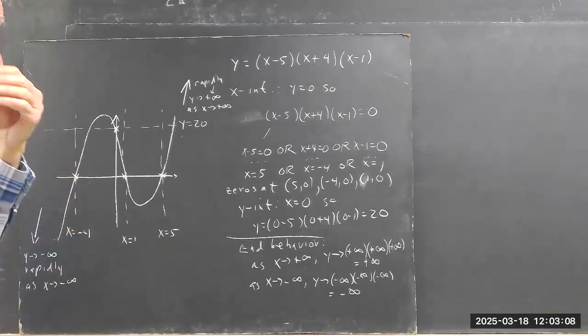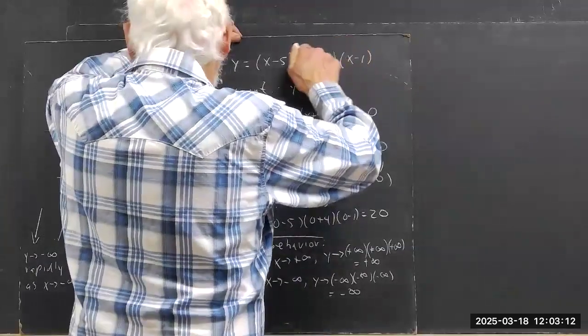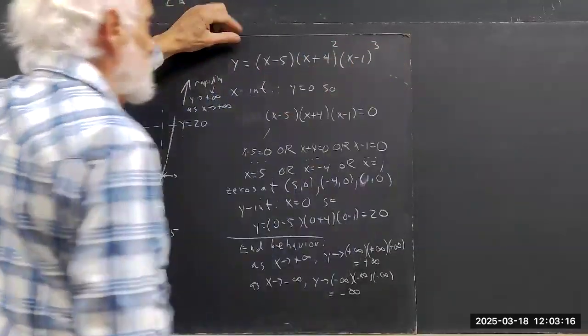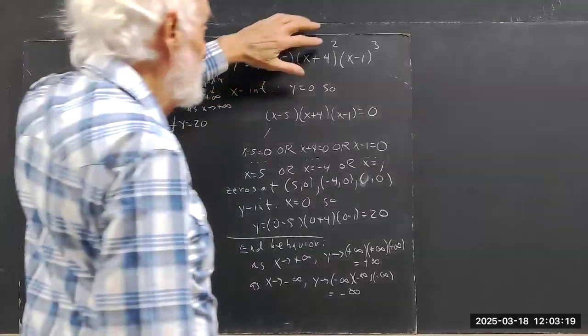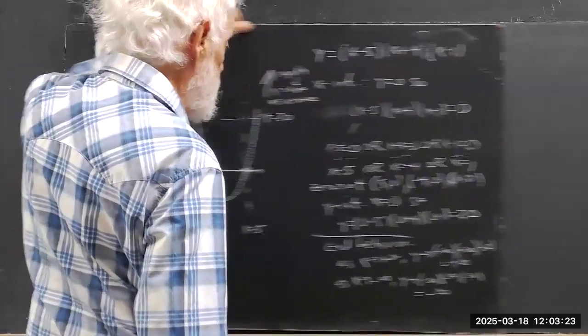All right, now what if I change things? And let's say square this one and cube this one. Okay, what would happen? Well, I'm not going to do that on this board, but I'm going to do it.